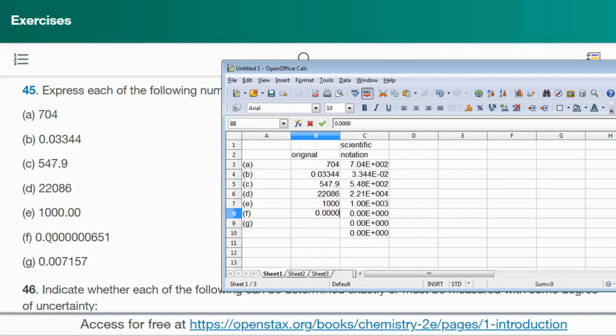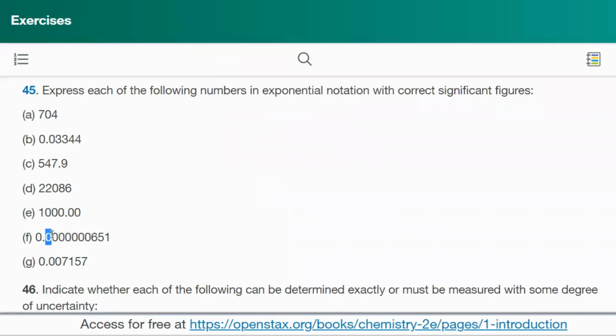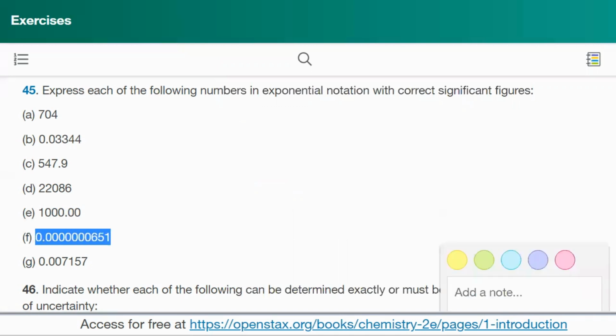This one's going to be painful because these are repeated zeros. So there's 1, 2, 3, 4, 5, 6, 7 leading zeros. Let's count it. 1, 2, 3, 4, 5, 6, 7 leading zeros.